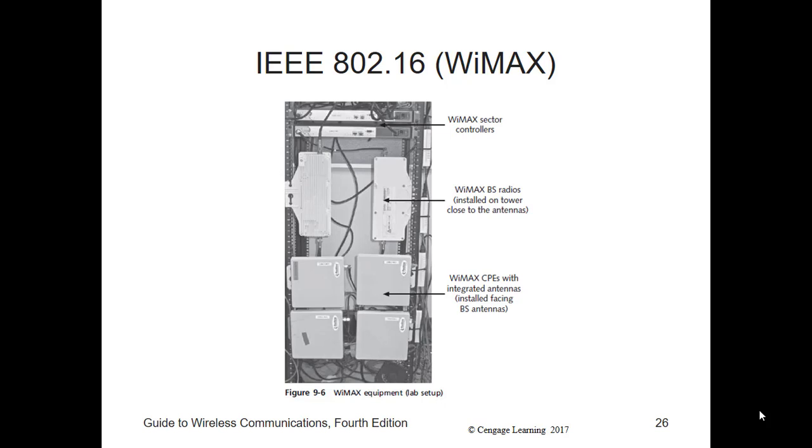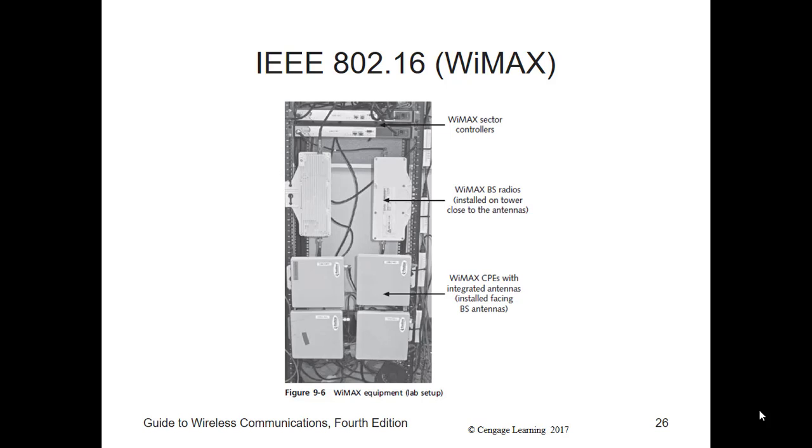The flat areas in the front of the substations are integrated antennas. So the SSs in the photo are normally installed on the outside wall of the house or building facing the antenna of the nearest base station.